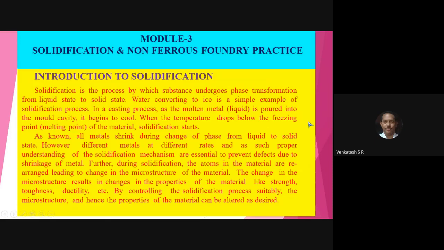How do you control? By a controlled environment or controlled situation, you can alter the microstructure of the metal. Then you can provide many properties such as ductility, malleability, toughness, and other mechanical properties by controlling the solidification, which alters the properties of the metal. So this much you write in the exam.